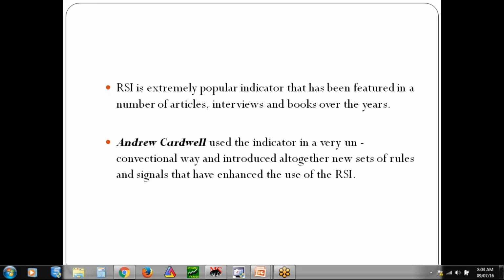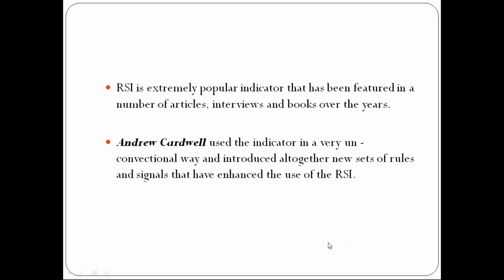He was not using what was mentioned in Wilder's book, but he enhanced the use of the indicator by using it in a very different way. He changed the rules altogether, and we'll go through that in this course.